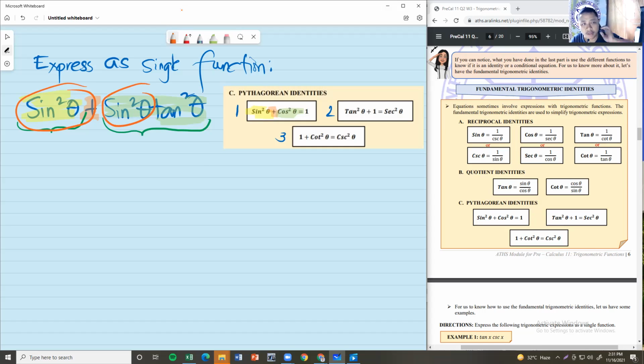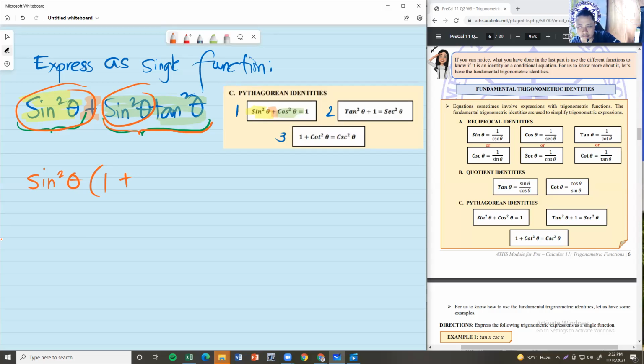So therefore, we can factor out sine squared theta, and then times, ngayon, let's divide each term with sine squared theta. Sine squared theta divided by sine squared theta kasi fina-factor out natin. What's left inside the parenthesis? It's 1. Very good. 1 plus, dito sa second term, here, sine squared theta, tangent squared theta divided by sine squared theta. What's left?